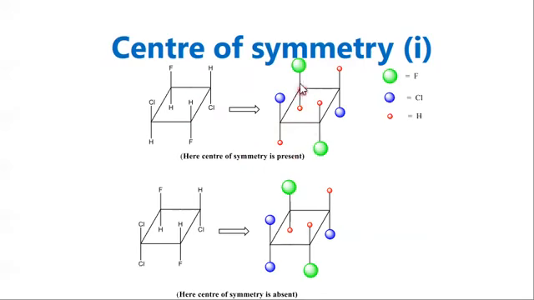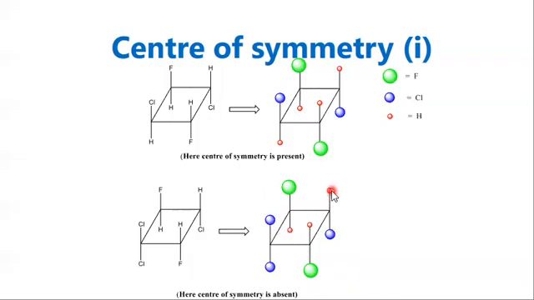So this is the earlier one. Here you can see all the atoms meet opposite. If you draw a straight line, they meet in the opposite direction. So it has centrosymmetry. Look at this molecule. Here the fluorine atoms are okay, and the chlorine atoms are also okay. But look at this one.